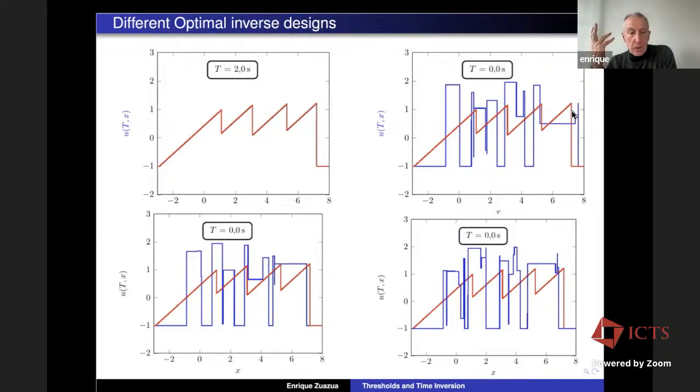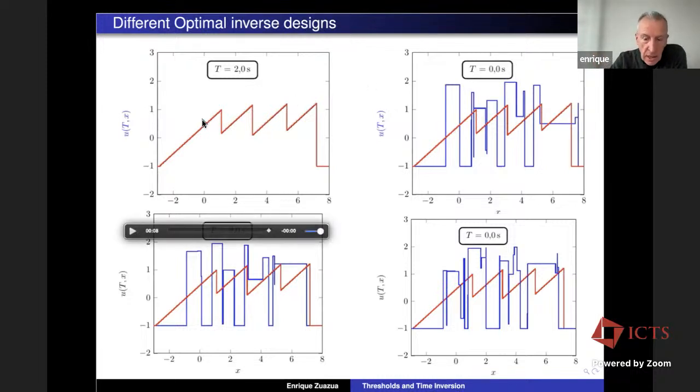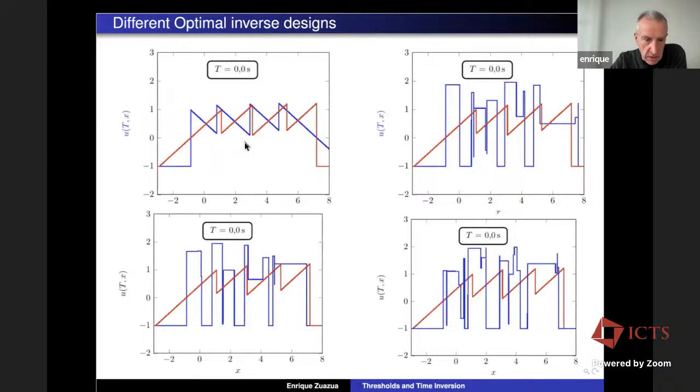Why not? So you see, we are so limited by our understanding that somehow we all implicitly, nobody complained when I said that they would have chosen this blue line.